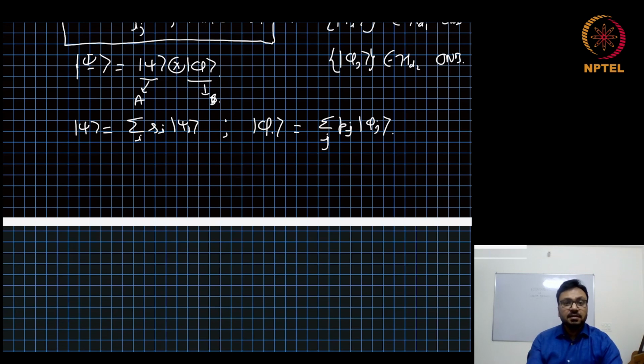What we are saying is, if the composite state psi AB can be written as a tensor product psi tensor phi, for some particular choice of psi and phi, then psi is some state from HD1, so we can write it as a superposition of its orthonormal basis. We don't know yet what si is, but it can be written in this form for some suitable choice of coefficients si. Similarly, the state phi can also be written as a superposition of the orthonormal basis phi j with some unknown coefficients pj.